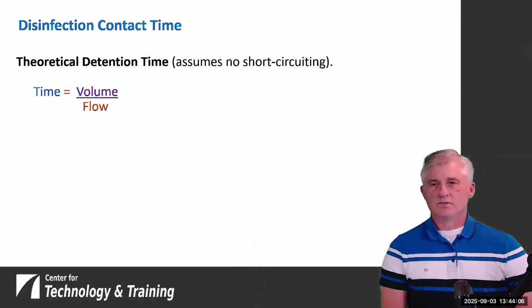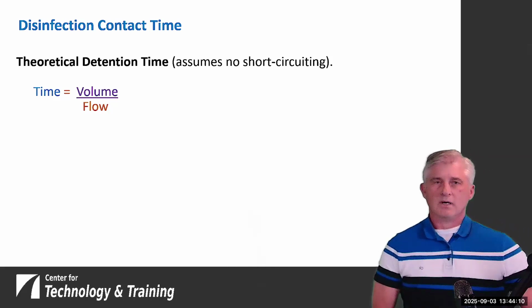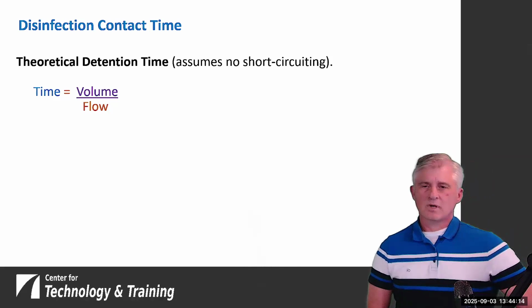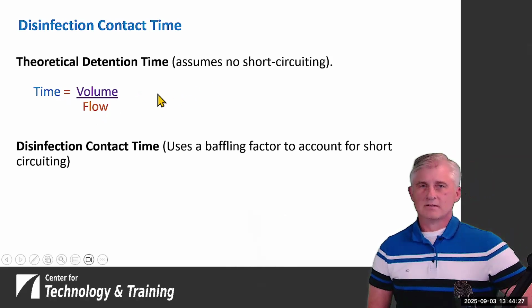And that assumes that there's no short circuiting, so the water's not getting around without contact. So, it's simply the time is equal to the volume that we have, how much water, and then what our flow is. But that doesn't happen in most cases.